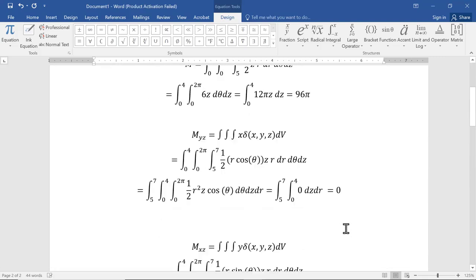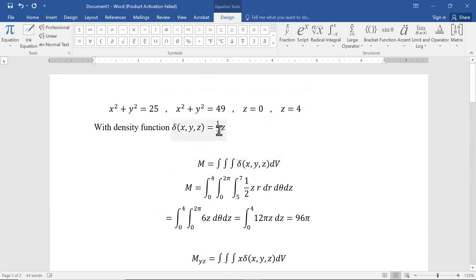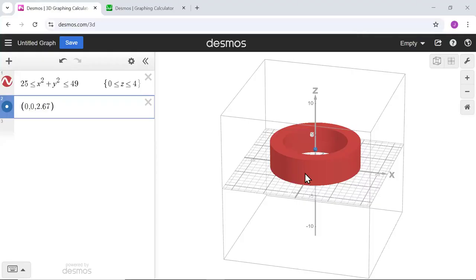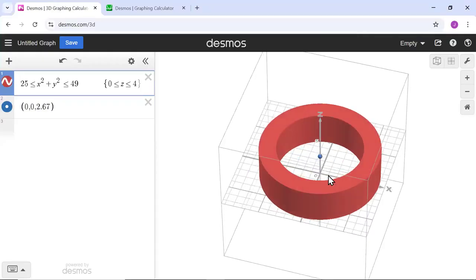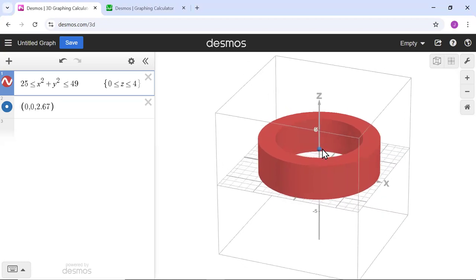Again, the density function was 1/2 Z. So it's not exactly the center of that object, but it shifted up a little bit because as we increase our Z value, the object gets more dense. Hopefully that makes sense. So we can see the center of mass right there.